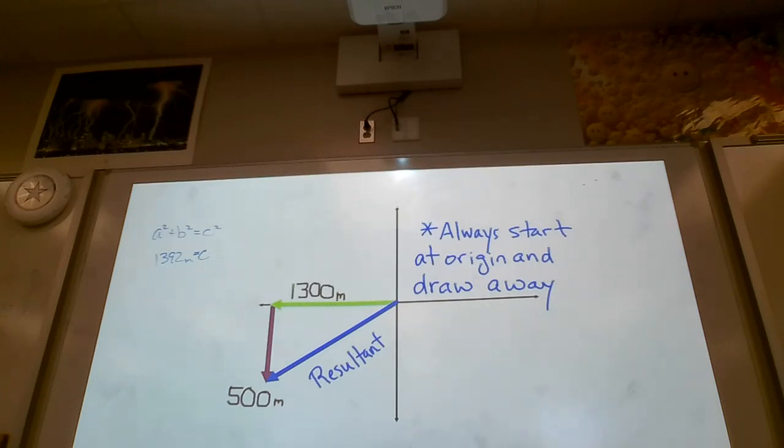So I'm asking for a displacement measurement. So that's the magnitude. That's how far you ended up away from your starting point. But I also need a direction because it's a vector. So could I say 1,392 meters southwest?